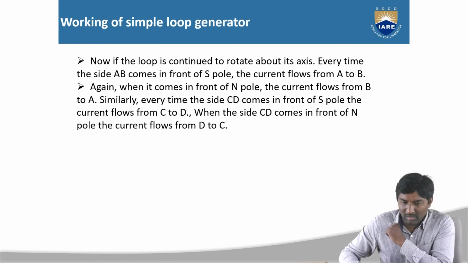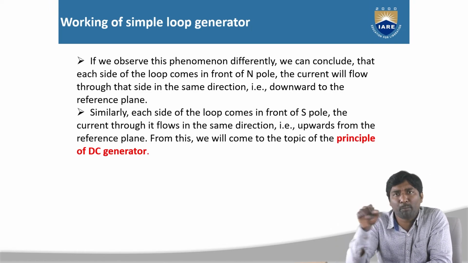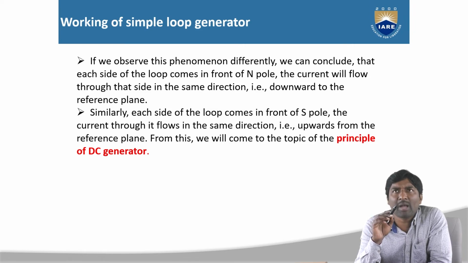Okay. So if you observe all these phenomena, from case 1 to case 4, we can conclude that each side of the loop, when it comes in front of the north pole, has current flowing through that side in the same direction.